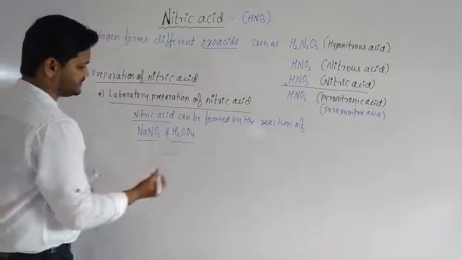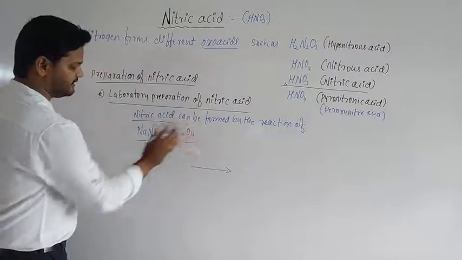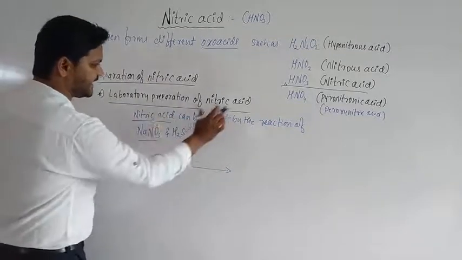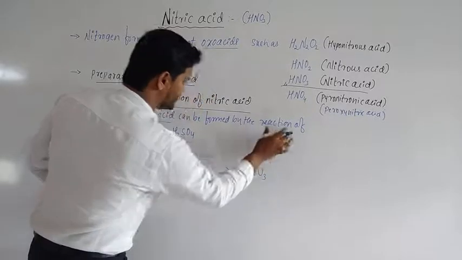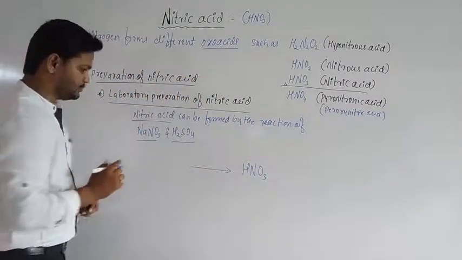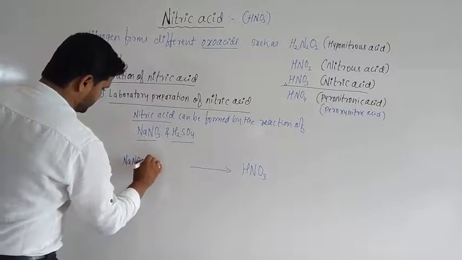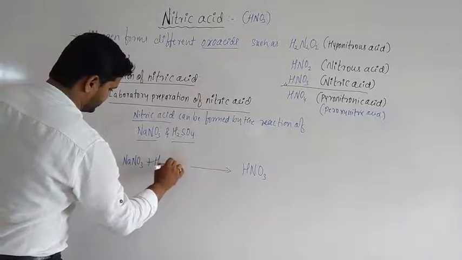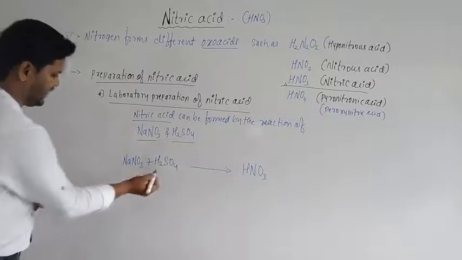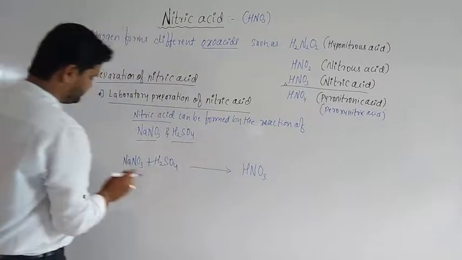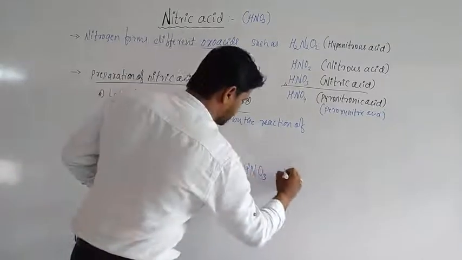According to this statement, we can write the reaction. HNO3 can be formed by the reaction of NaNO3 and H2SO4. I will write the reactants as NaNO3 and sulfuric acid, H2SO4. They combine to form HNO3. Here H and NO3 form HNO3, and what is the remaining, students? NaHSO4, that is the byproduct.